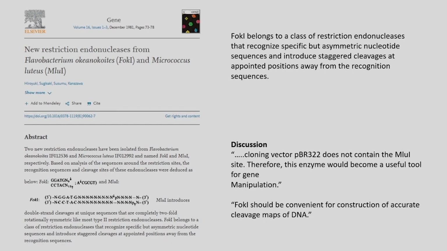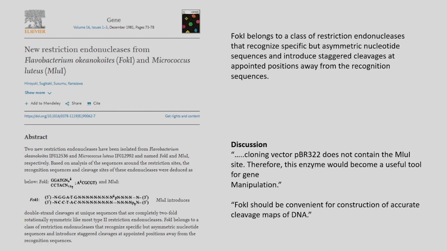So, in this paper you can see from the abstract the importance of these two clones which produce these two types of restriction endonucleases, and here FokI belongs to a class of restriction endonucleases that recognizes specific but asymmetric nucleotide sequences and introduces staggered cleavages at the pointed positions away from the recognition sequences. So, these are not cutting and recognizing at the same place, and they produce blunt ends or staggered cleavages.